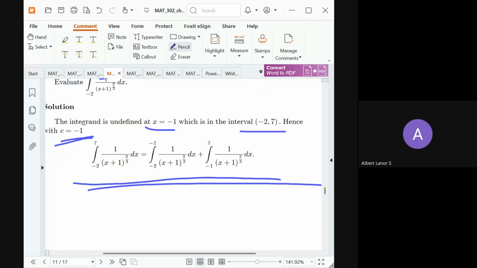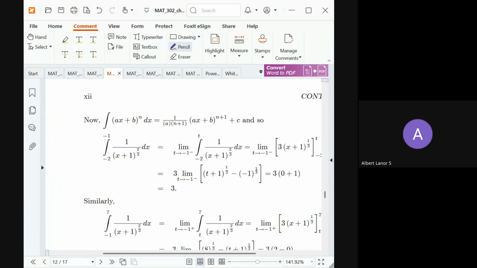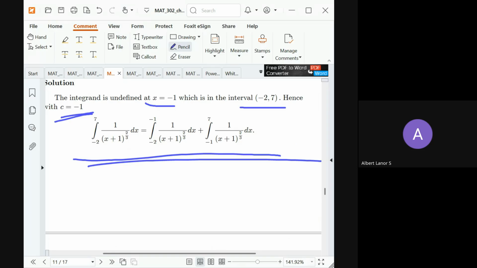So if you integrate it using integration processes, now to integrate this, you can use the generalization of what I did earlier on. Now, if you have x plus 1 to the power 2 over 3, you can add 1 to the power.